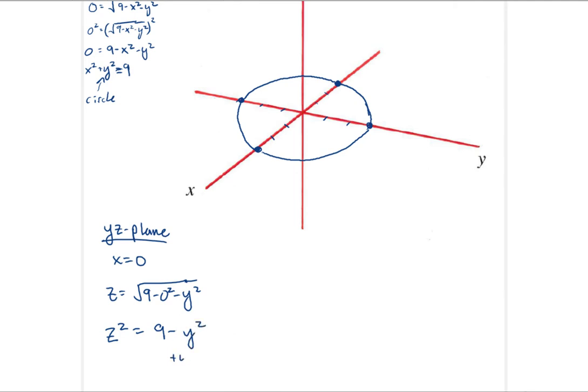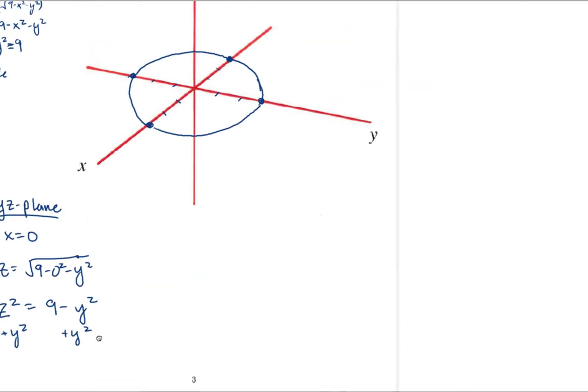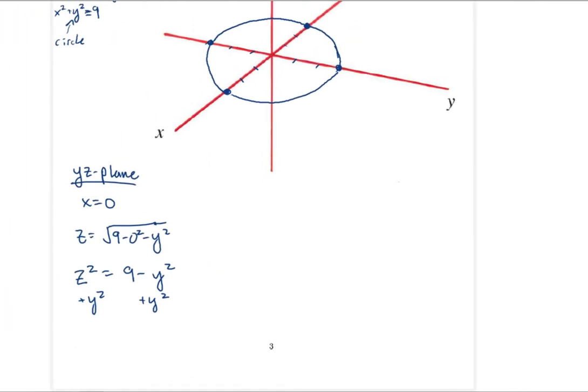And then adding y squared to both sides gives me z squared plus y squared equals 9. But guess what? This is also a circle of radius 3, but let's be careful, but only the upper half.